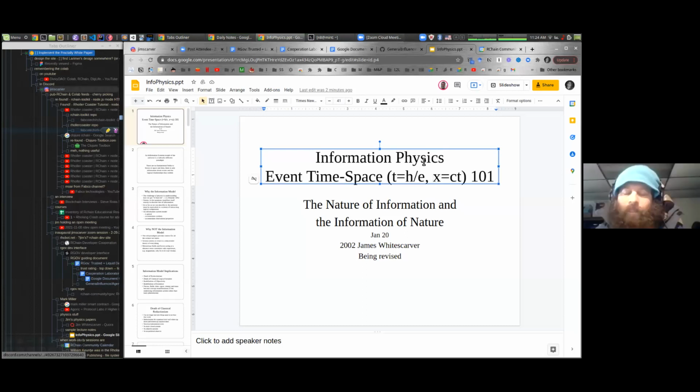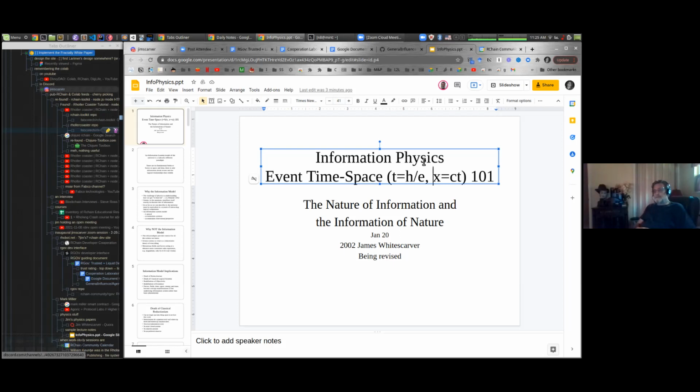And then we have x equals ct, which is distance is a delay of a certain time at the speed of light.